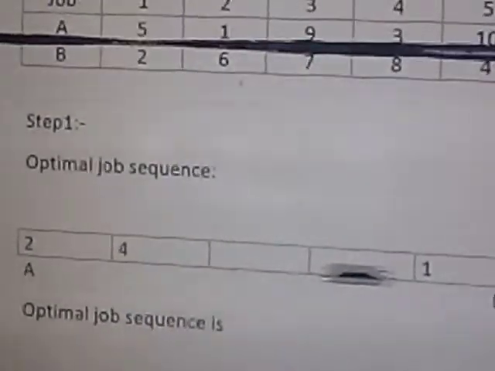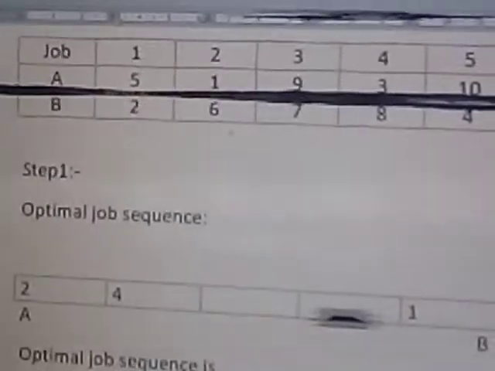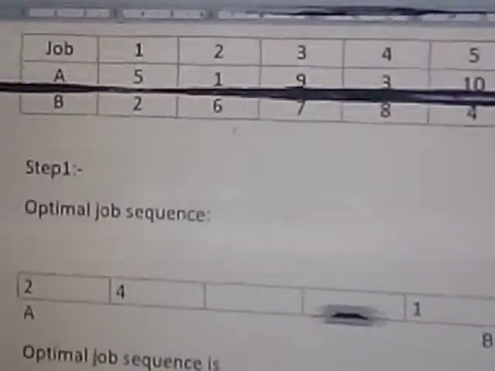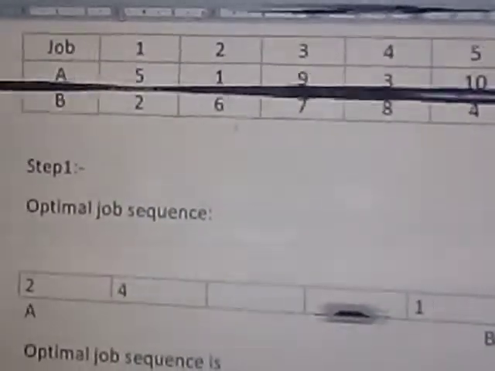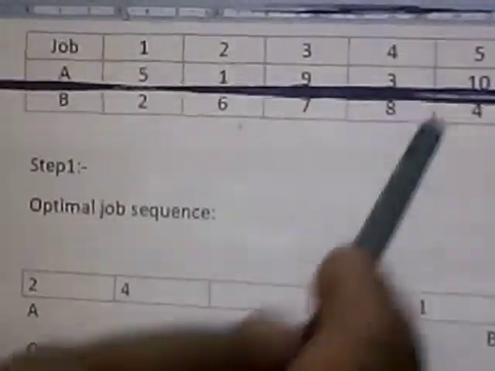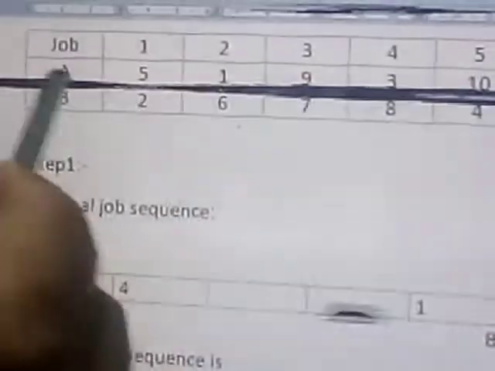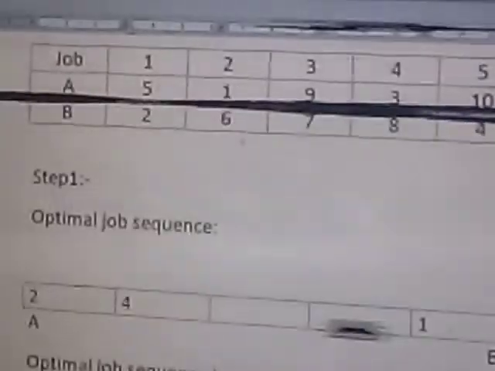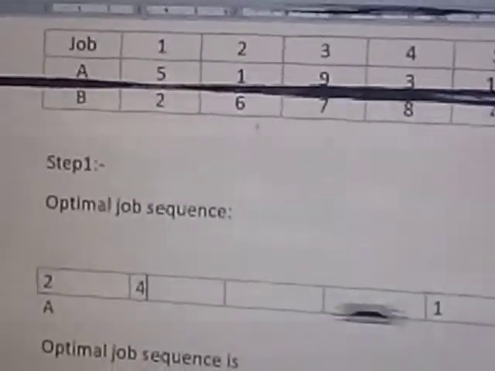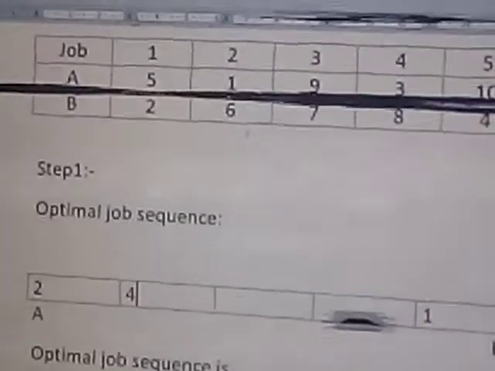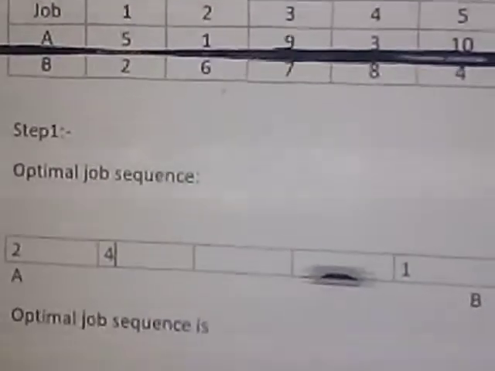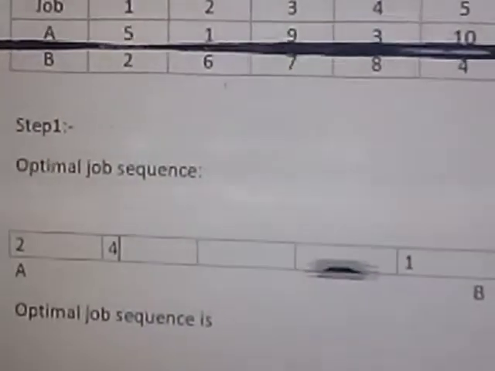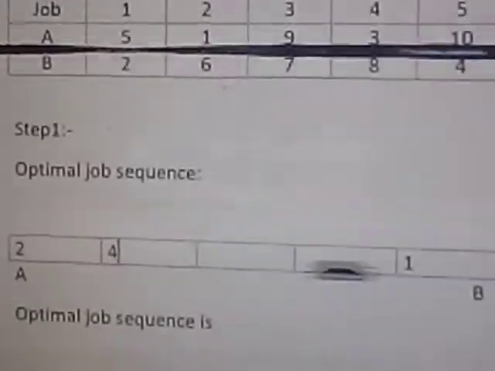Next, the next least time is 4 hours, which appears in machine B of job 5. We write it on the right side and delete this column.